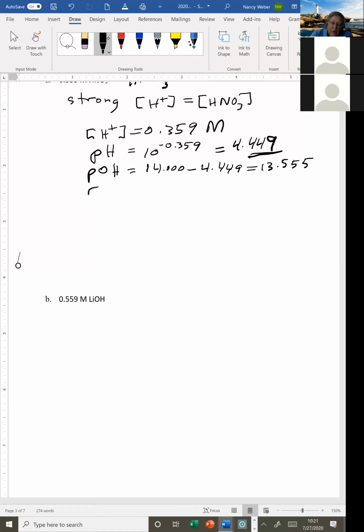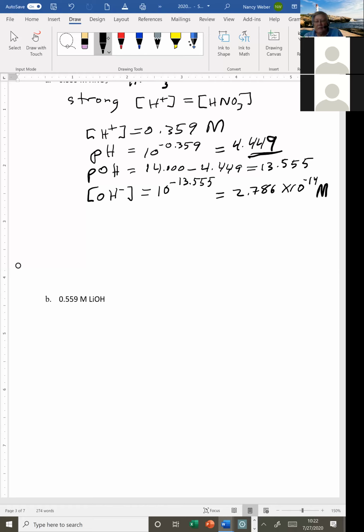And then the hydroxide ion concentration is going to equal 10 to the minus 13.555, which equals 2.786 times 10 to the minus 14 molar.